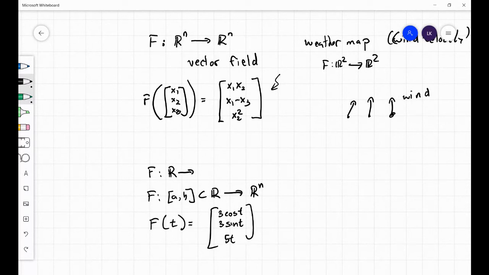It's not a scalar function because the output is not a number. A scalar function would be one where for each point in space you assign a real number, but this is the other way. The domain is a subset of the real numbers, and the output is a vector valued function. So it's not a scalar field.